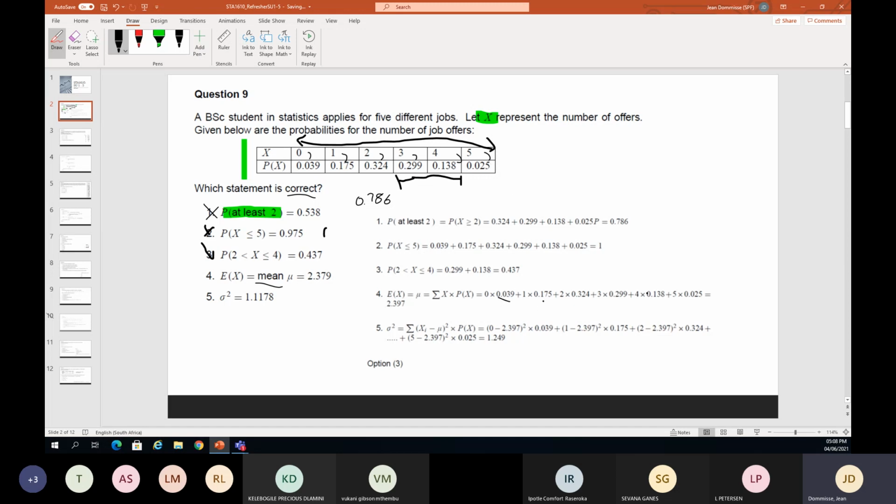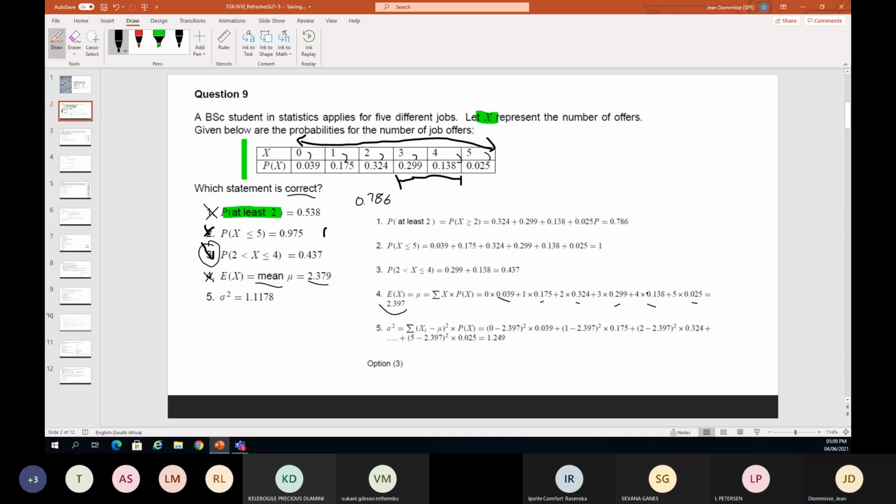We need to do those 6 multiplications and add everything together. Luckily we got to this point where we had that one wrong. If you calculate the mean, it gives you 2.397. Very easy to look at that answer and think you have it nearly the same, but obviously that one is incorrect.